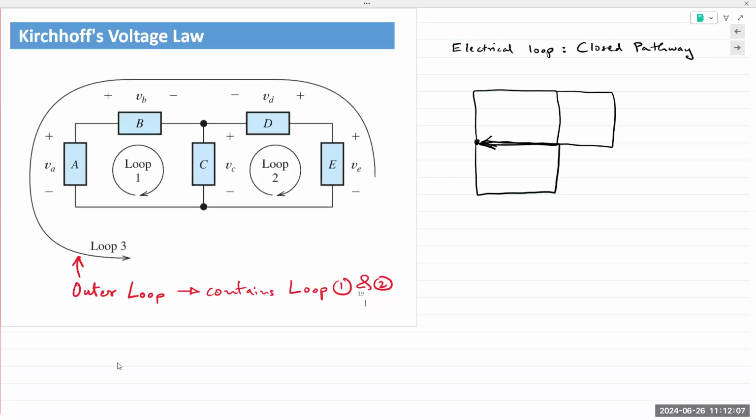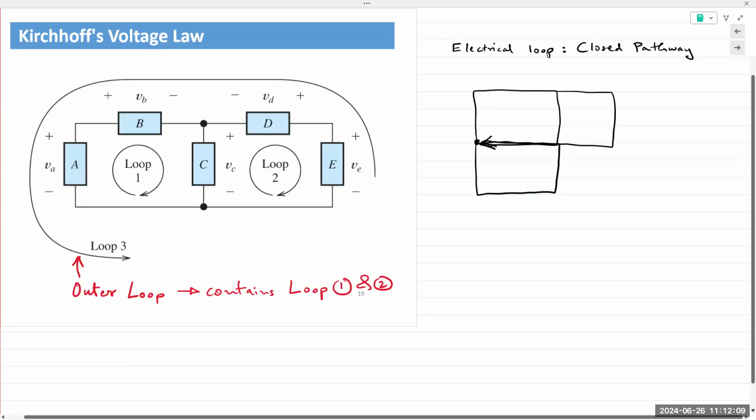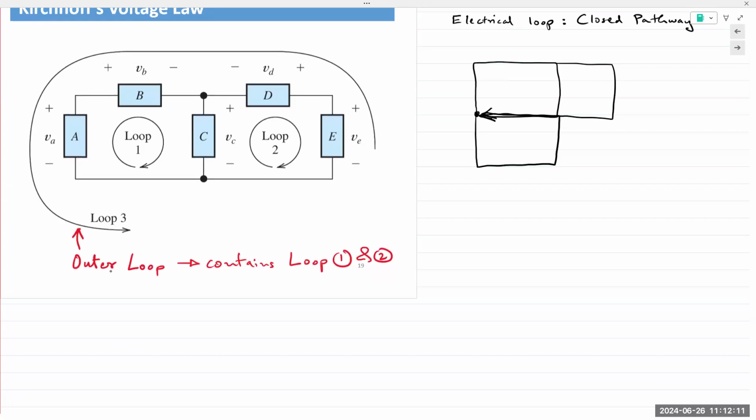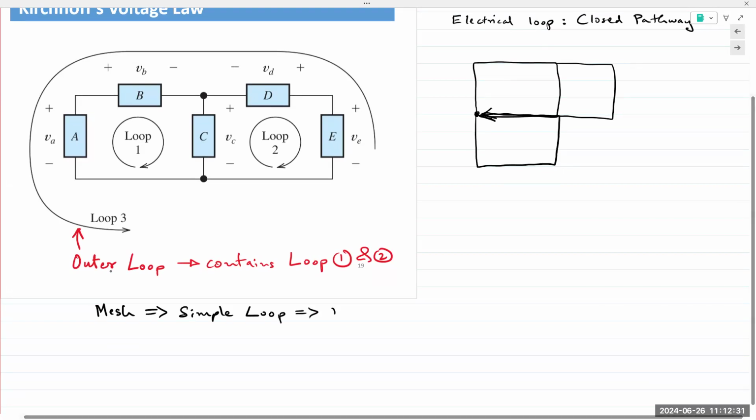And here's where we talk about the concept of a mesh. So a mesh is a simple loop that does not contain any other loop inside it.